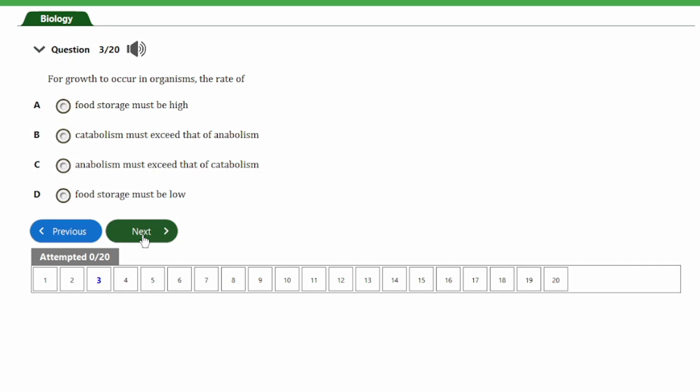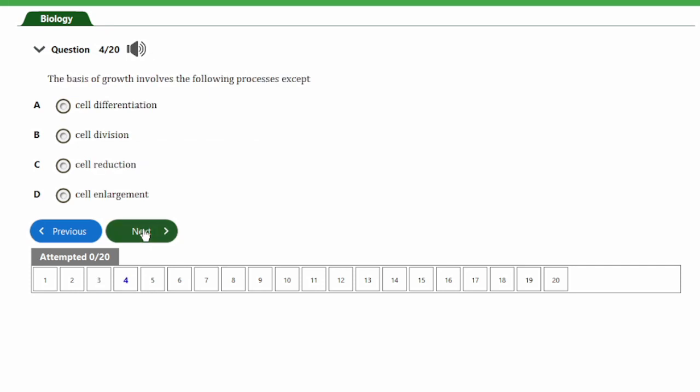Both anabolism and catabolism are metabolic processes, where anabolic process refers to the process of building up and catabolic process refers to the process of breaking down. It makes sense because the rate at which building up occurs should be greater than the rate at which breakdown occurs, and option C is the correct answer to this question.